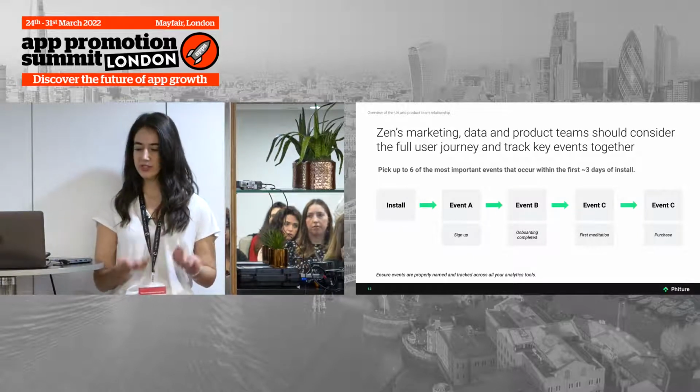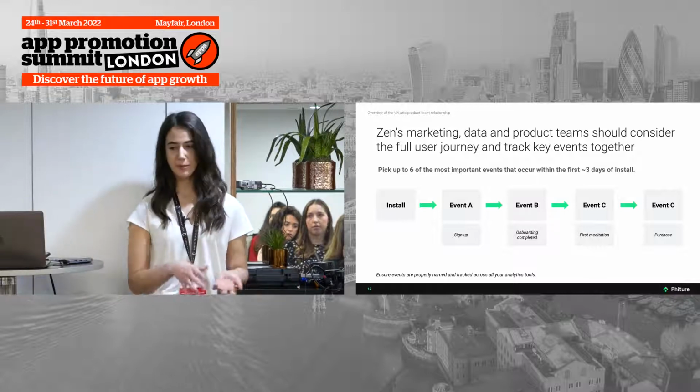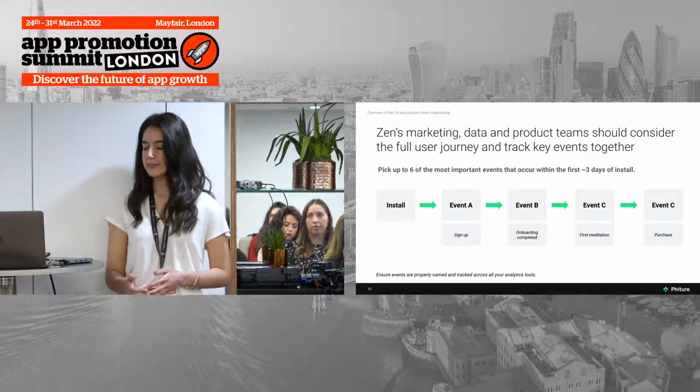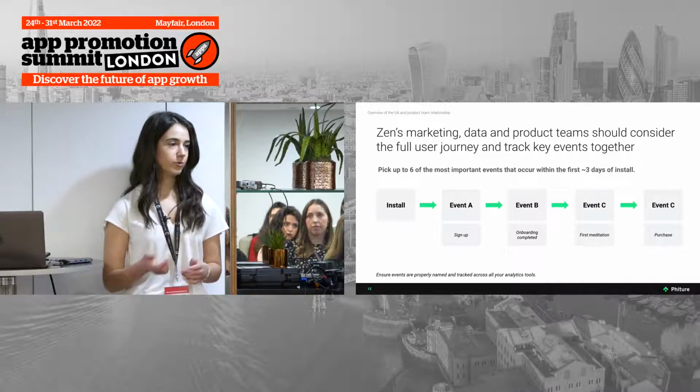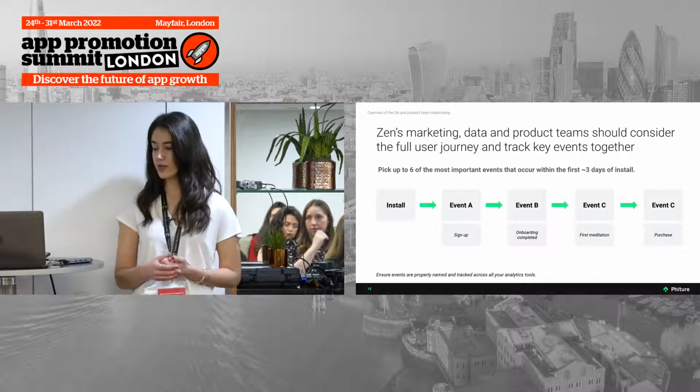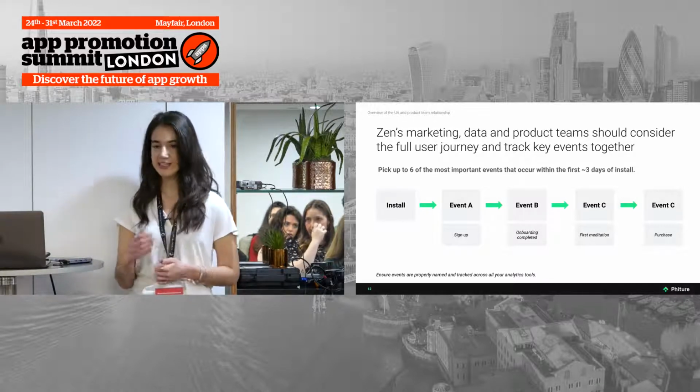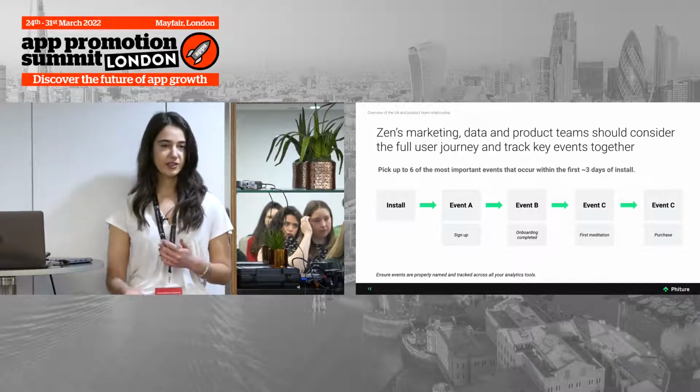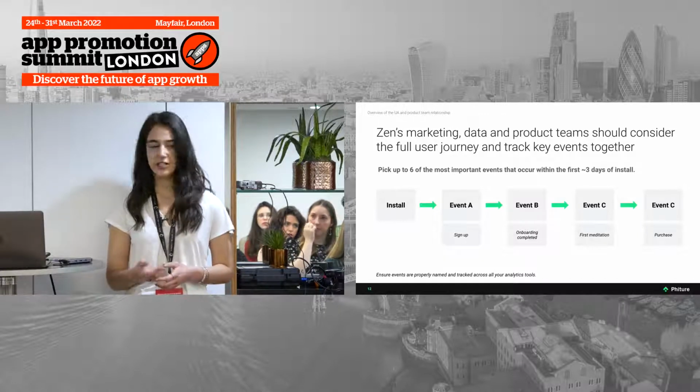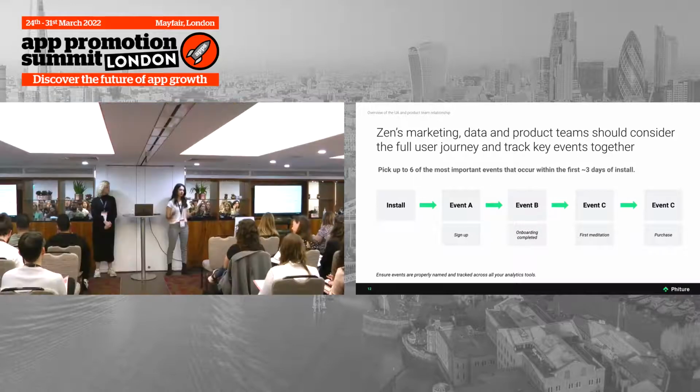So you have to pick your most important events on an MMP. You're limited to 6 usually. In the case of Zen, the onboarding funnel we'd be following is: the person installs, then they sign up, they complete their onboarding, they have their first meditation, and then they buy a subscription to the app.